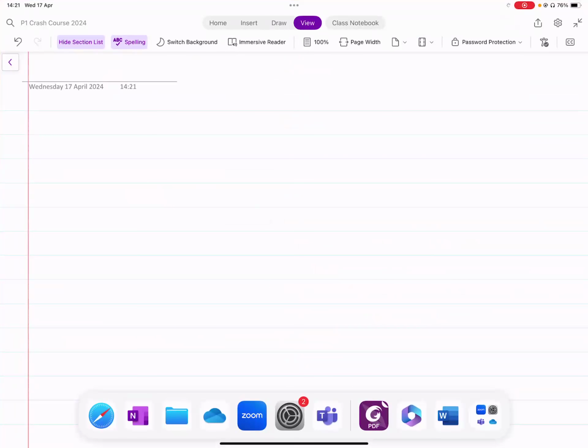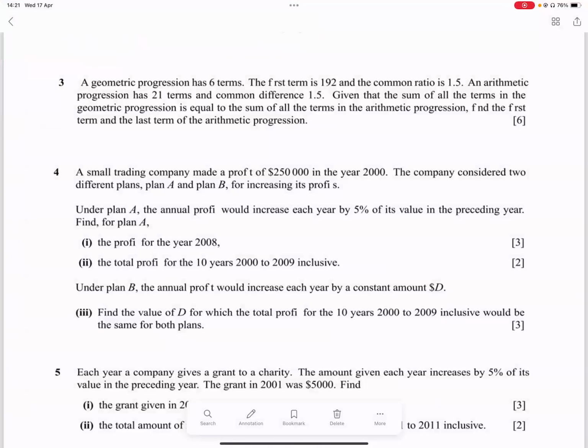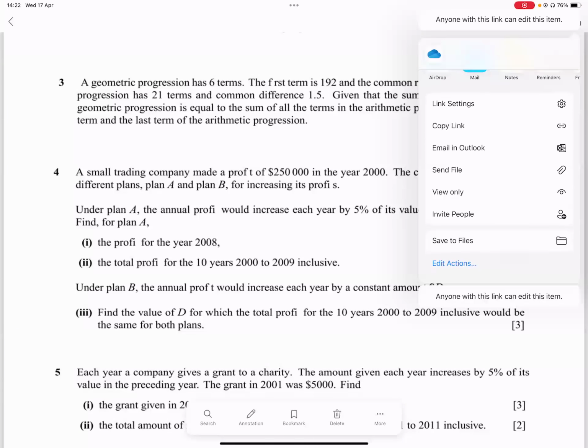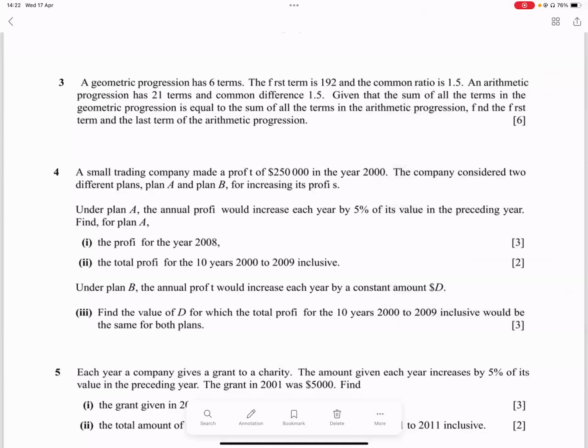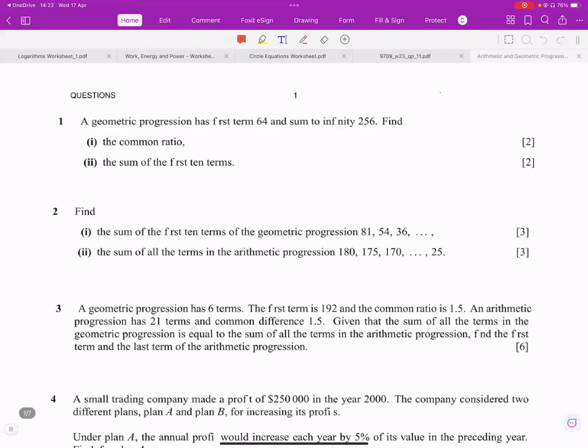So now let's have a look at some questions from the worksheet on arithmetic and geometric progressions. Okay, so I see some questions that you have posted here. Question number 17, 25, 33.